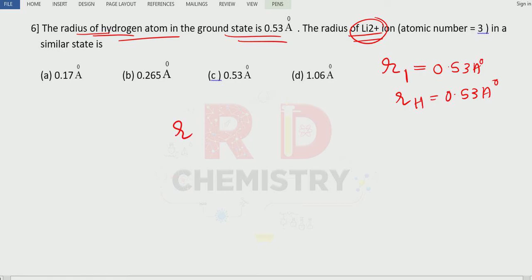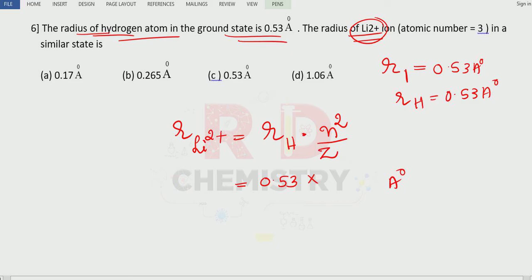Radius of any hydrogen-like ion species, here lithium 2 plus, is equal to the radius of the hydrogen atom, fixed, into n square divided by Z, the atomic number, that is 0.53 angstrom into n square.